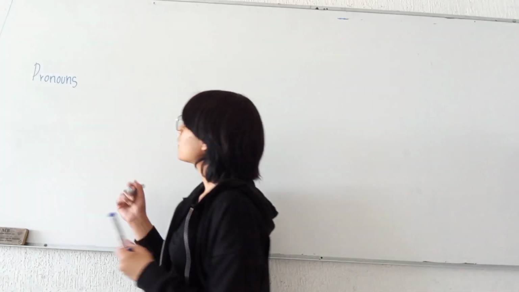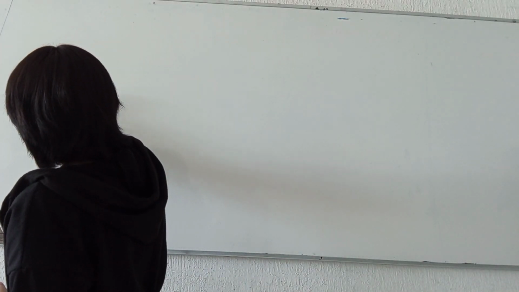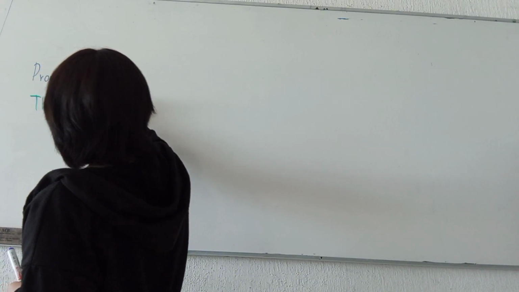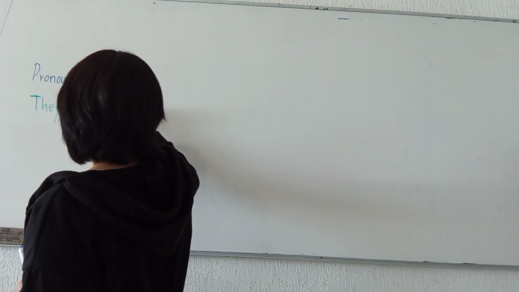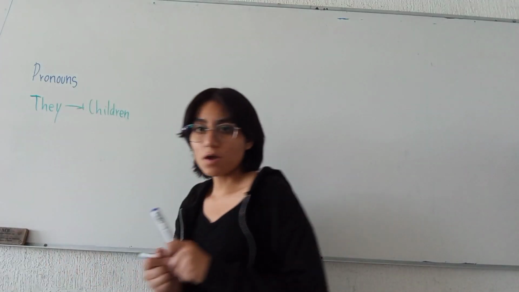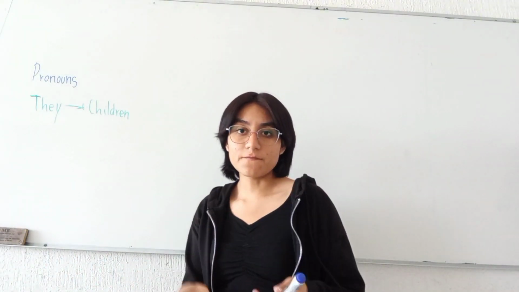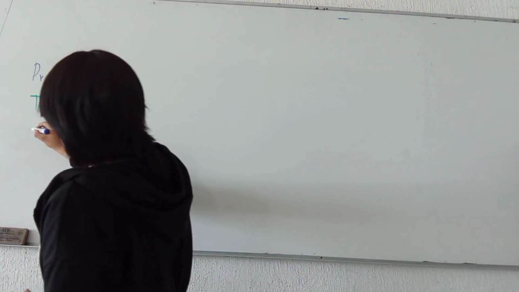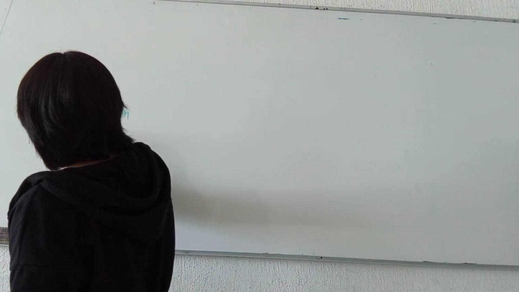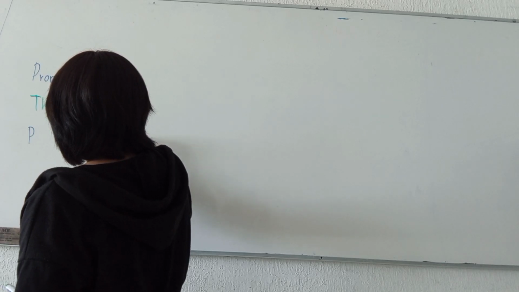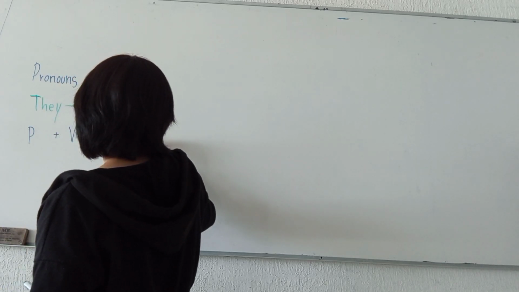For example, they is the pronoun for children. The pronoun is going to be before the verb and the complement. It's pronoun plus verb plus complement.